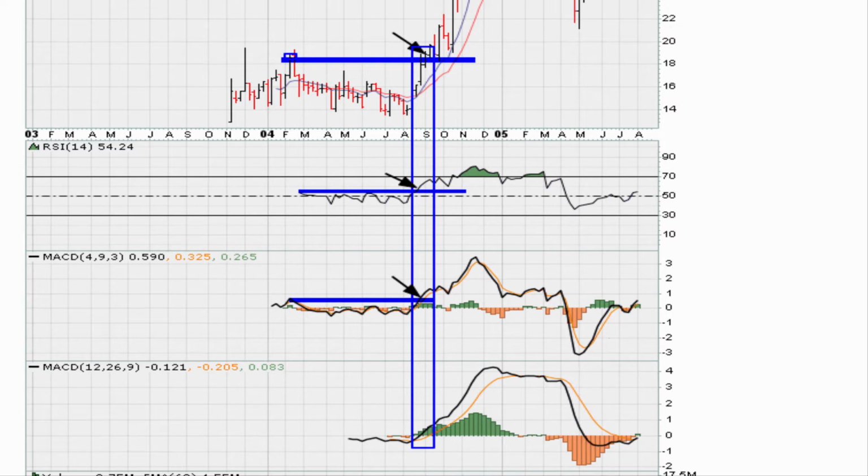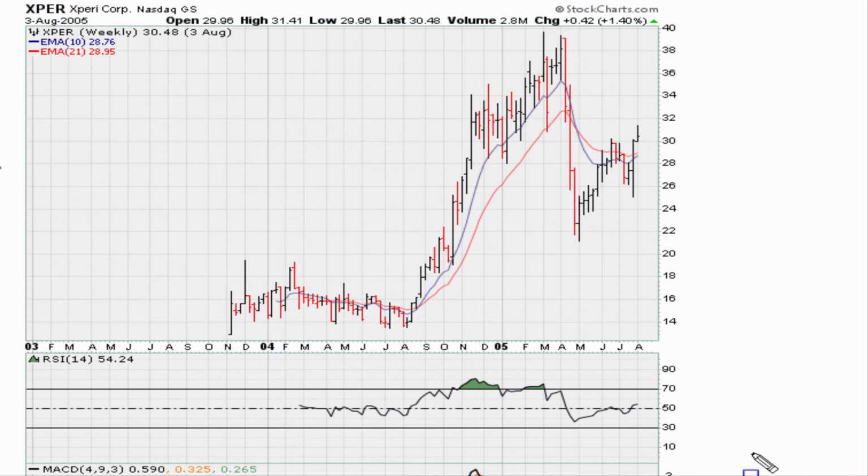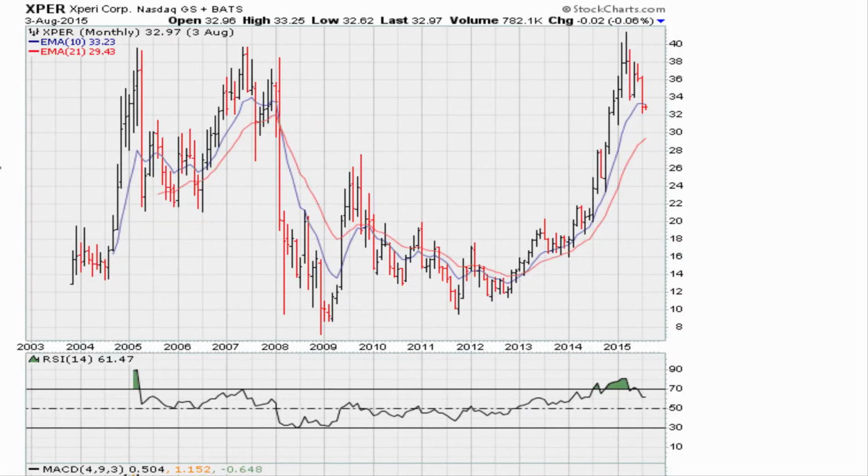We can see that one of the MACDs was trading to all-time highs, 3-year highs. In fact, we only need one of the MACDs. Here, both of the MACDs were trading at 3-year highs. So that was the minimum requirement, and because of meeting the minimum requirement, the stock did eventually have this nice run up from 04 to about mid to early 05. All right, good. So we know that we've covered that movement.